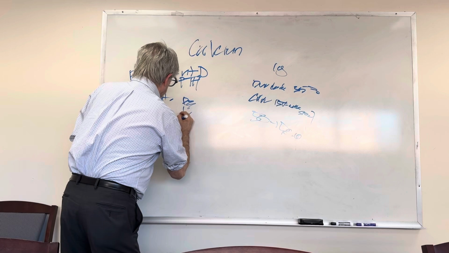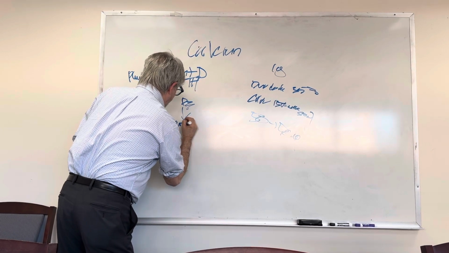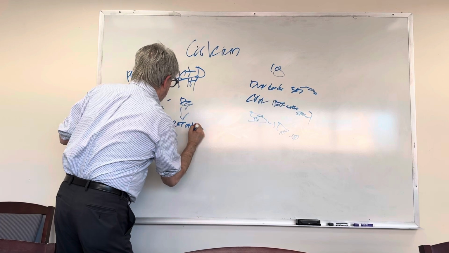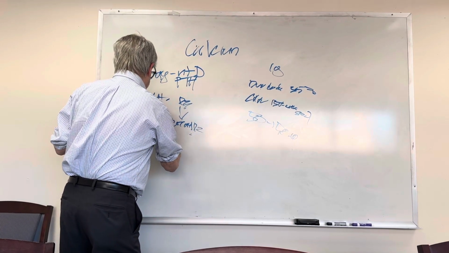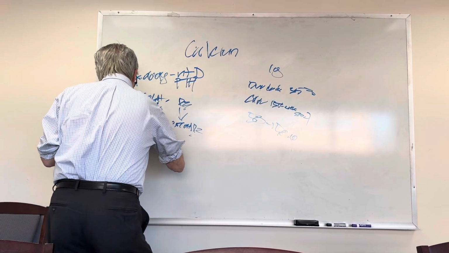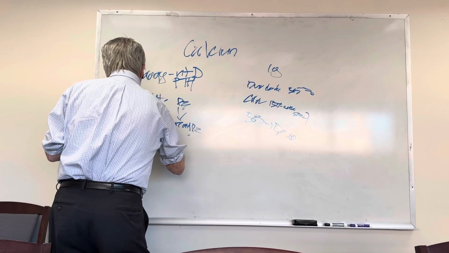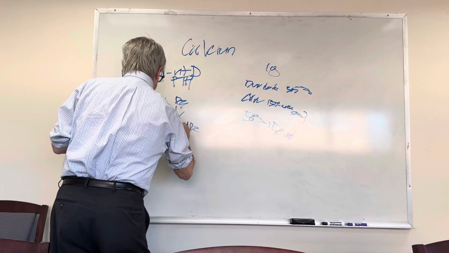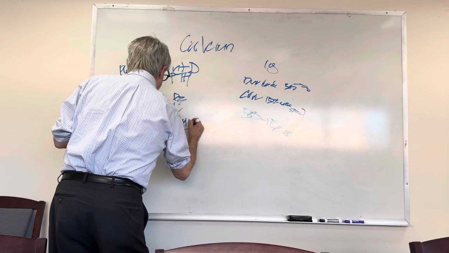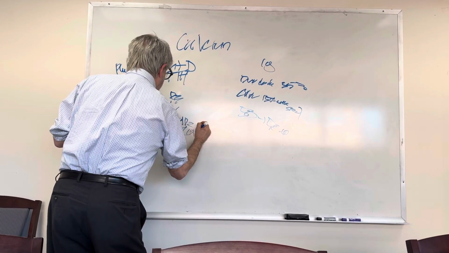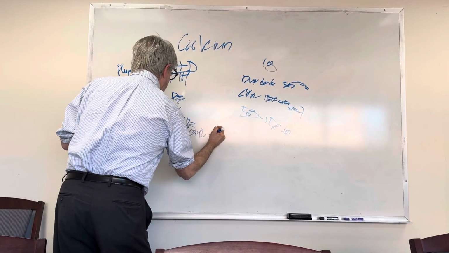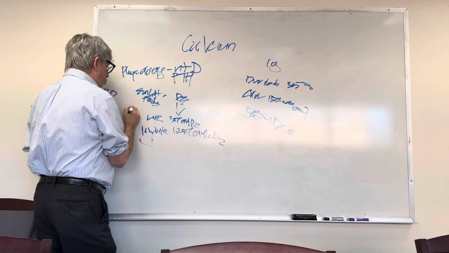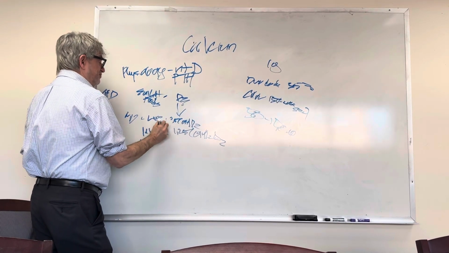It goes to the liver and you have 25 hydroxy D3, and then it goes to the kidney, where you have the enzyme 1-alpha hydroxylase, and that causes 1,25 dihydroxy vitamin D3. This is the active form. This is about 1/10 as active as this.